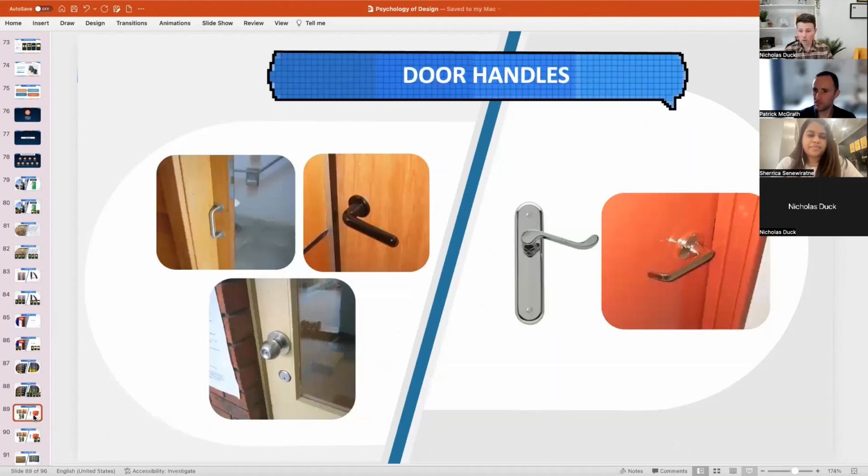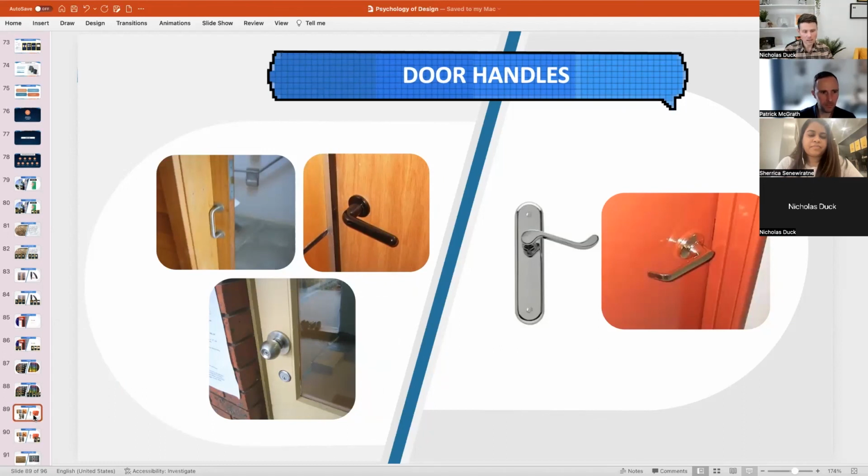We get back to more physical stuff. The door handles on the left are notorious for people who have difficulty opening doors. It could be for injury or disability. You look at the handle where you've got to hold the grip with your hand and not actually use the leverage of your arm. It's very difficult for someone who's, say, got arthritis to turn something like that.